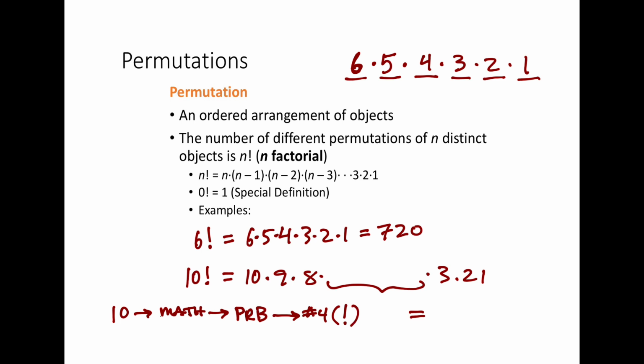Hit choice number 4, and you'll see the result is 3,628,800. So there are 3,628,800 different ways I could arrange 10 unique items.